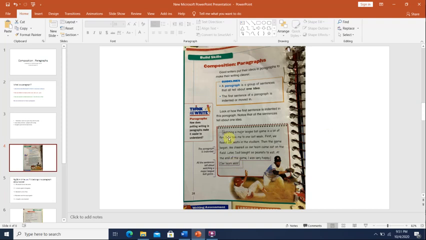He started the paragraph with an interesting sentence. Watching a major league ball game is lots of fun. He started with something fun. And he said, Dad took me to one last week. His dad took him to a ball game. And then he started using time words to explain the steps or the events that happened in order, or the sequence of what happened on the day he went.